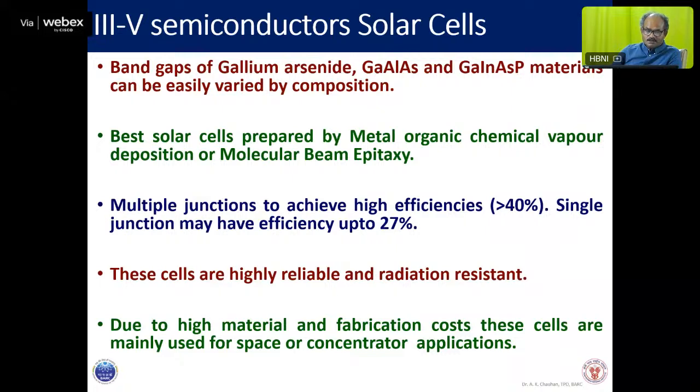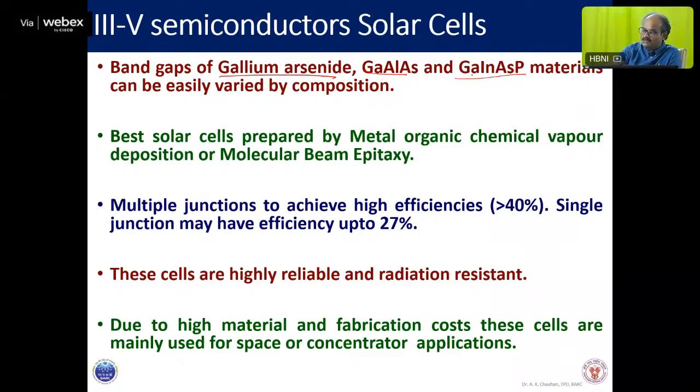Now we see in a similar way 3-5 semiconductor solar cells. The band gap of gallium arsenide, gallium aluminum arsenide, and gallium indium arsenic phosphide materials can be easily varied by composition.